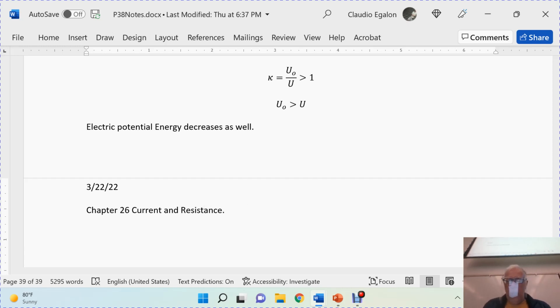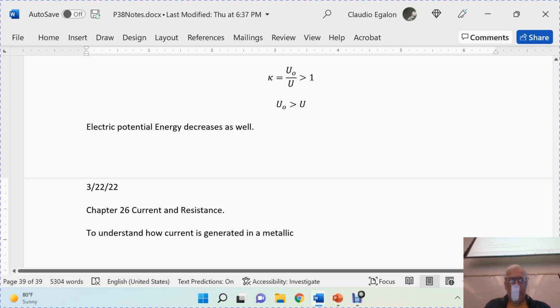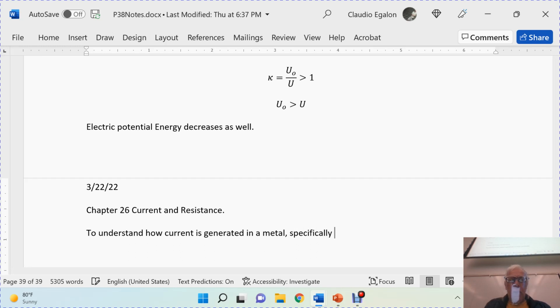To understand how current is generated in a metallic wire, in the metal, specifically wires of copper, we must go back to the model of the atom.